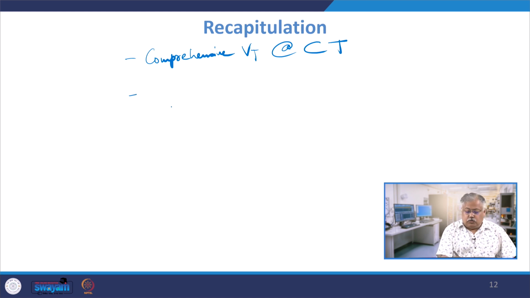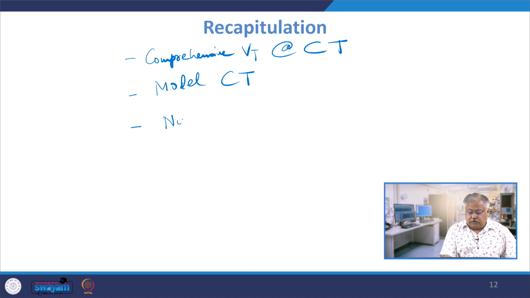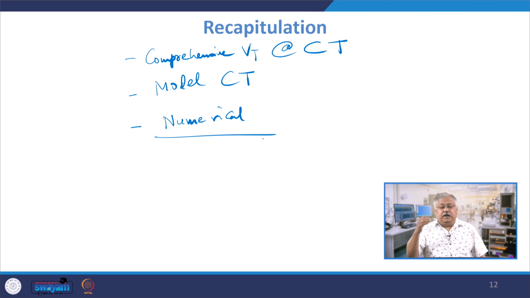We also looked into various models available for cryogenic temperature to understand this threshold voltage model. And finally, we used a simple numerical to showcase that the Fermi level will shift more towards the acceptor level as the temperature decreases, as shown by the numerical problem at the end of the lecture.